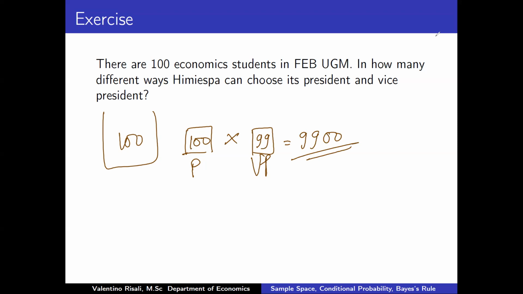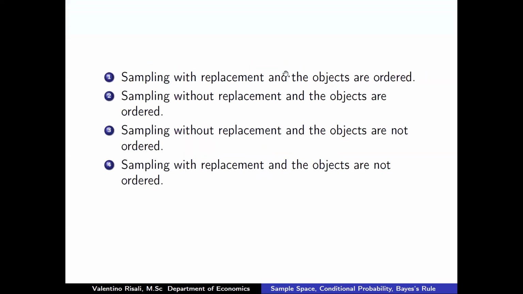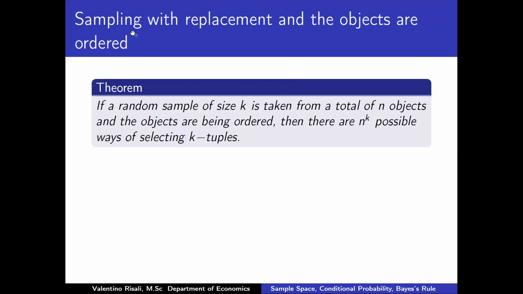Great. And then we move to the next principle. We combine the sampling with replacement, and we consider whether the order is important or not. For the first case, that is sampling with replacement and the objects are ordered, we consider the order of this selection.